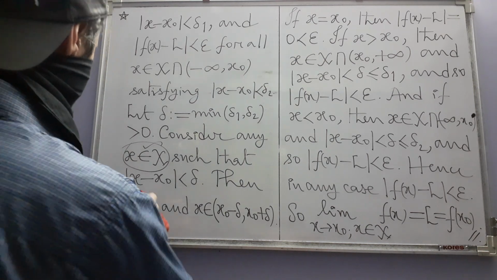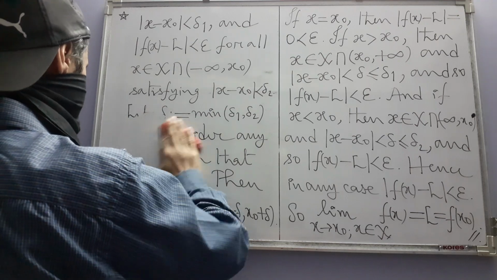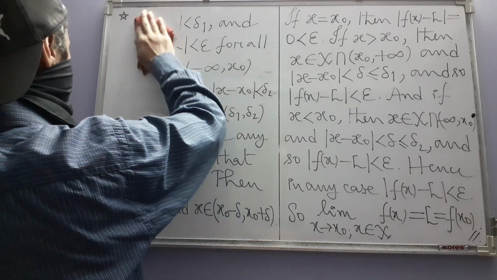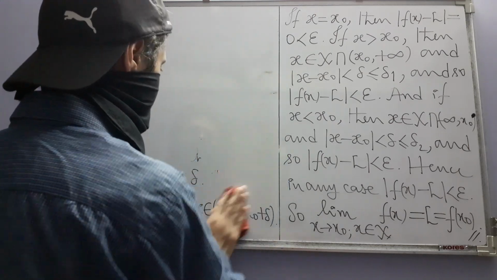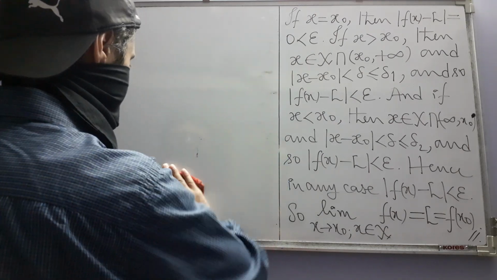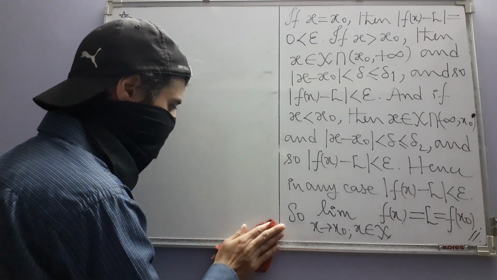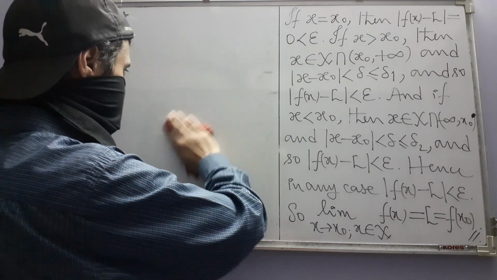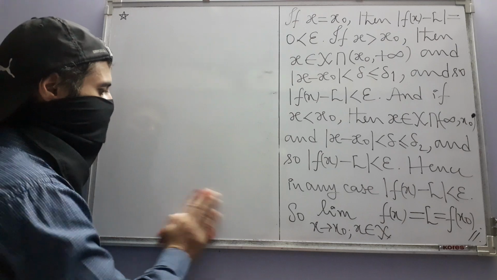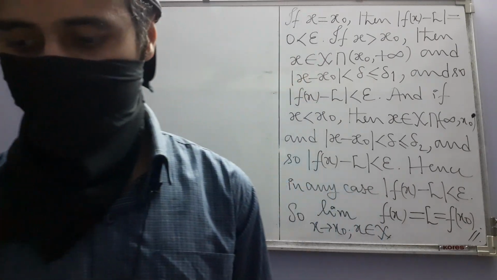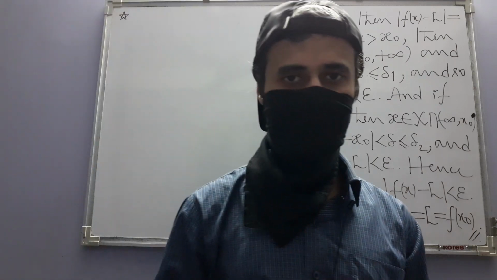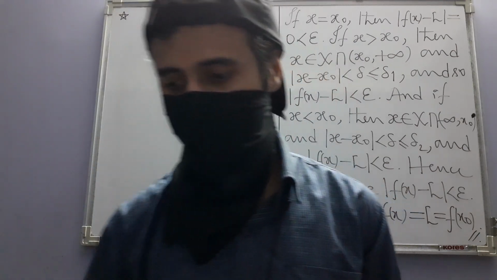How does that work? It may sound like an unnecessary thing to do. If a function is continuous, well, fine, it is continuous, and we know that continuous functions have nice properties.